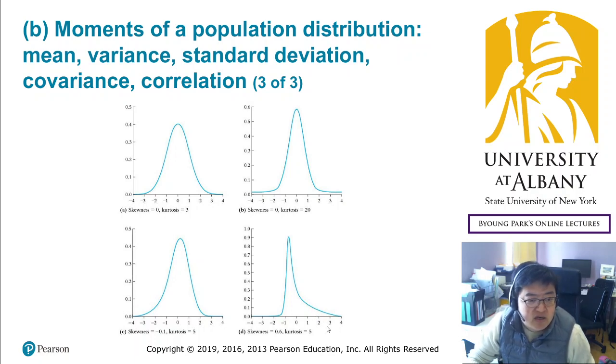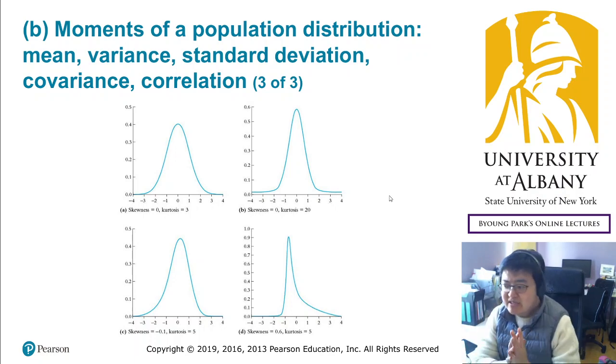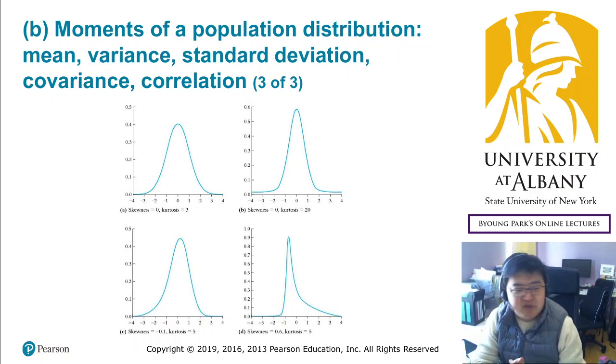And kurtosis. If you compare these two, both are symmetric, but the second one has a thicker tail. The tail is very close to 0 here, but there is some kind of positive mass on the tail. So that's what the measures capture, and I don't think they are important.